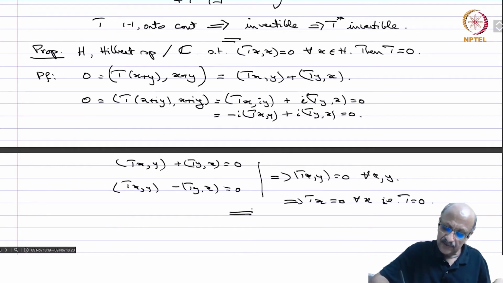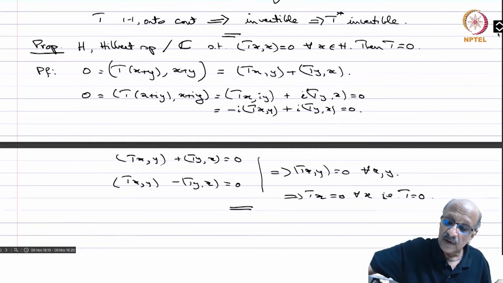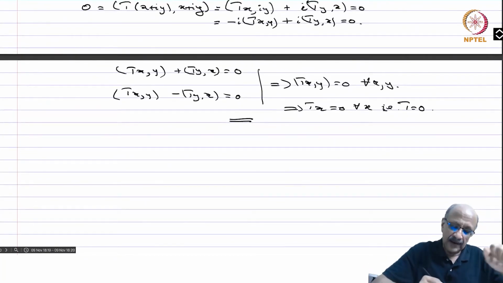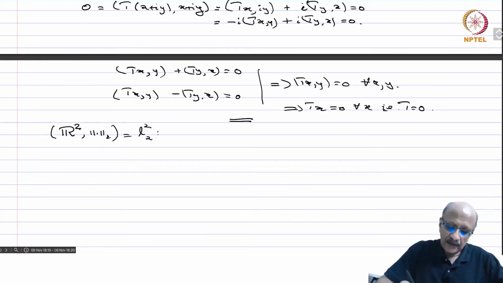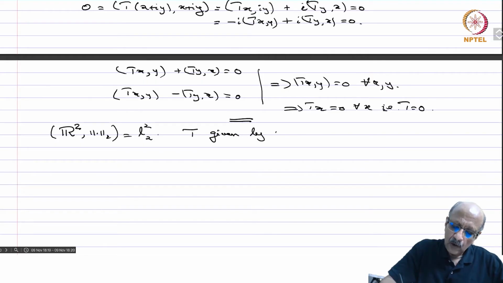So the complex is important in this particular result. If you had a real Hilbert space, for instance, if you take R2 with norm 2, that is L2 of 2, then you take T given by rotation of axis by pi by 2. So that is the matrix.